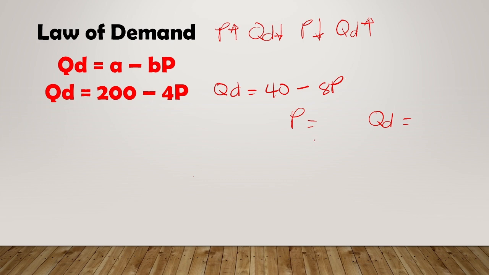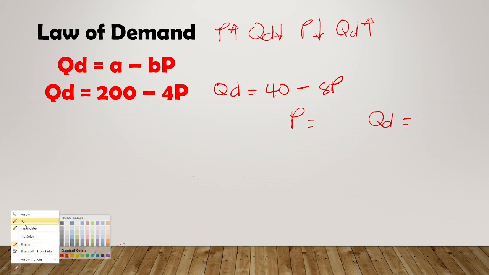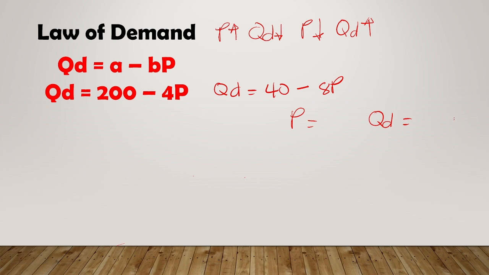We'll be looking for the value of P. Say for example, our QD is 32.